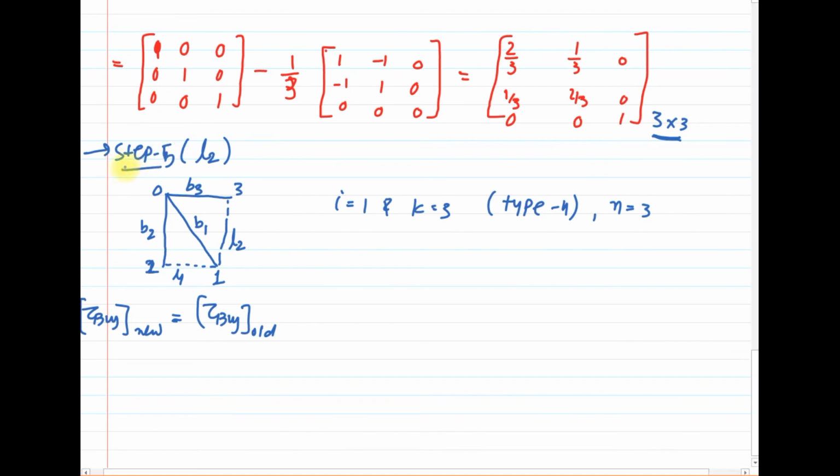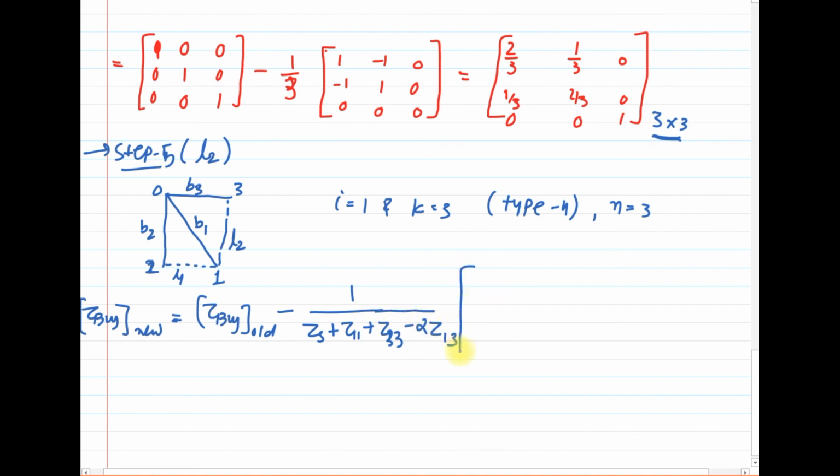Clear? So here the equation is ZBus old minus 1 divided by ZS plus ZII, that means Z11 plus ZKK, which is Z33, minus 2 times ZIK or ZKI, which is 13 or 31.